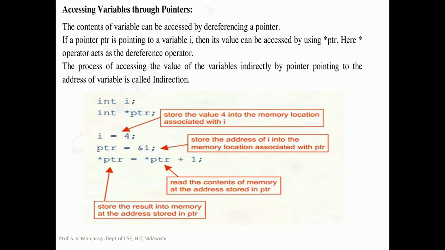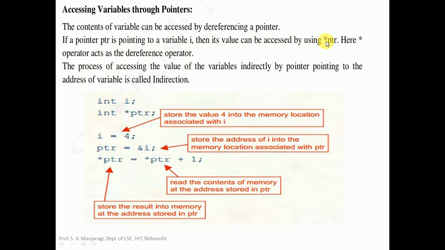Now let us move to the next one, accessing variables through pointers. Here with the help of asterisk, or the dereferencing operator, we can get the value stored at the memory location. That is, if a pointer ptr is pointing to a variable, say for example I, then its value can be accessed using star ptr.